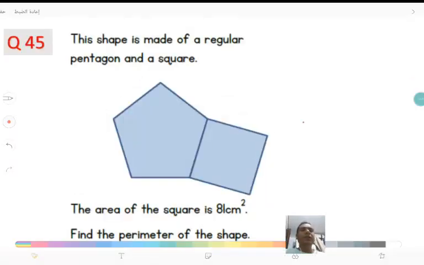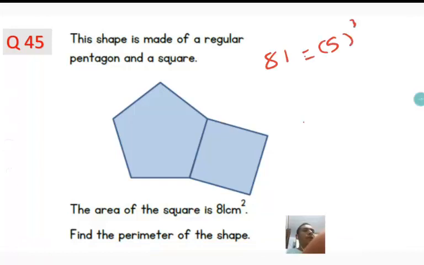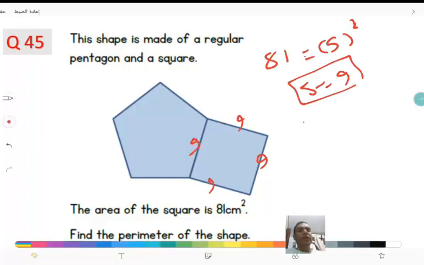This shape is made of a regular pentagon and a square. The area of the square is 81 centimeter squared. That means 81 equals side length squared, so the side length is 9. Okay, 9, 9, 9, and the side length of the pentagon is 9.